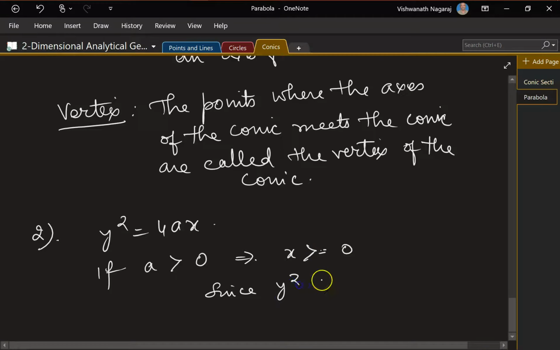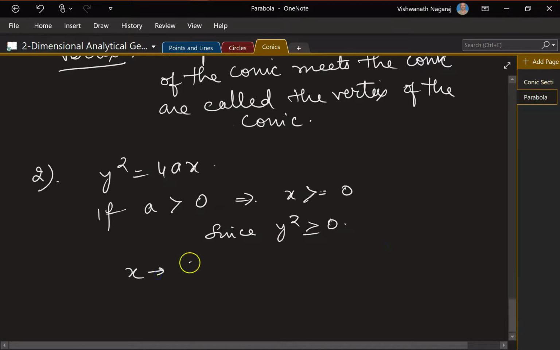Since y square will always be greater than or equal to 0, because even if y is negative, its square would be positive. As x approaches infinity, y square would approach infinity, which means y would approach infinity in quadrant 1.